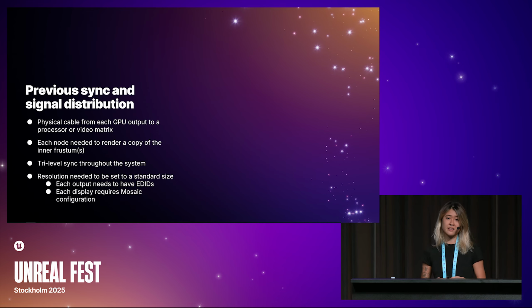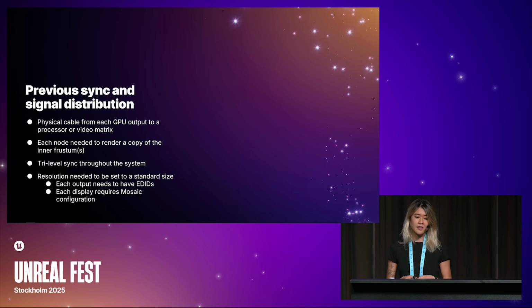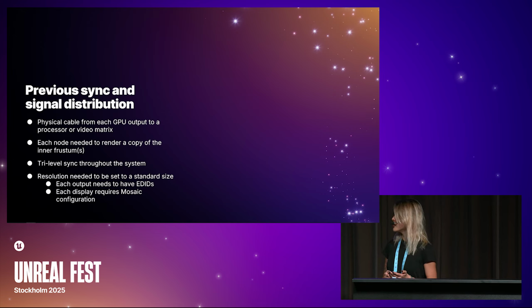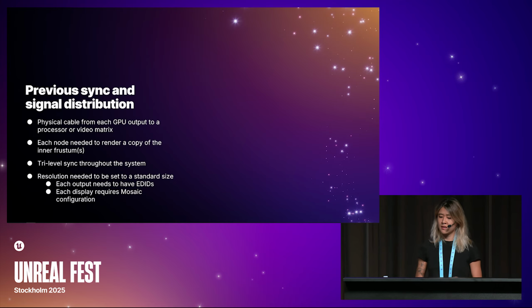And then you also needed tri-level sync throughout your system. So you needed your Genlock signal coming into a sync card on each machine that was then daisy chained and everything. If you're doing a full setup, then PTP would handle that, and that's sent over multicast as well.